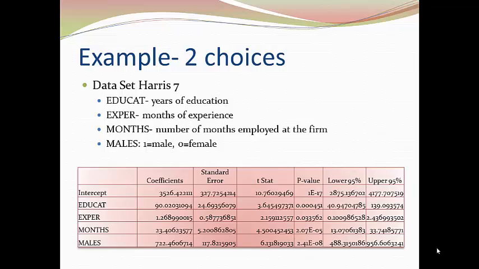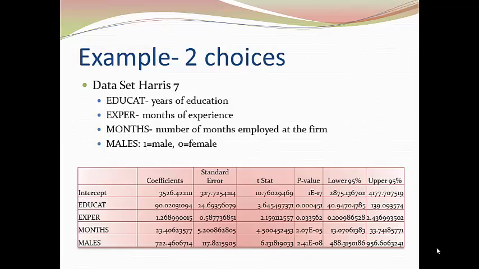722.46. This tells me that on average, men make $722.46 more per month, our dependent variable here was salary, than do females. So male is the characteristic being present when that is 1. My reference group is females, in which case the characteristic is not present, in which case male is equal to 0.